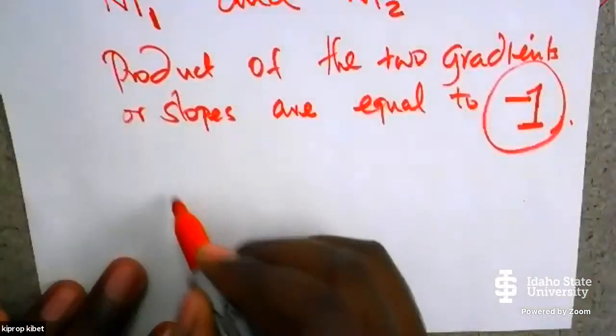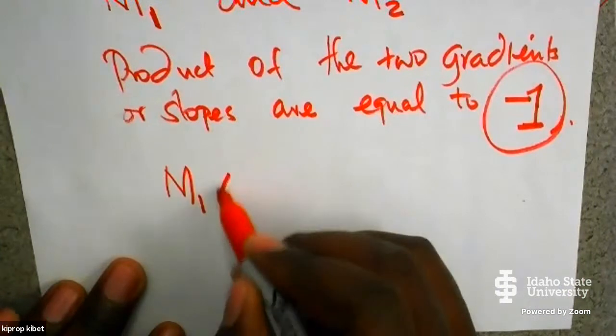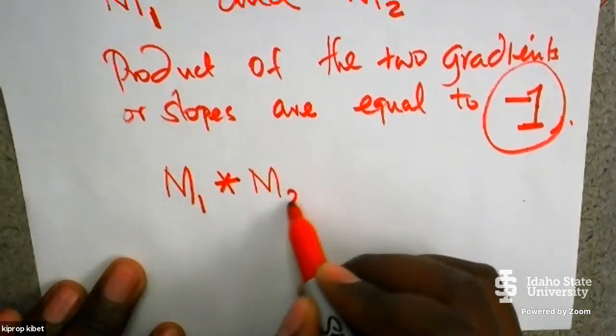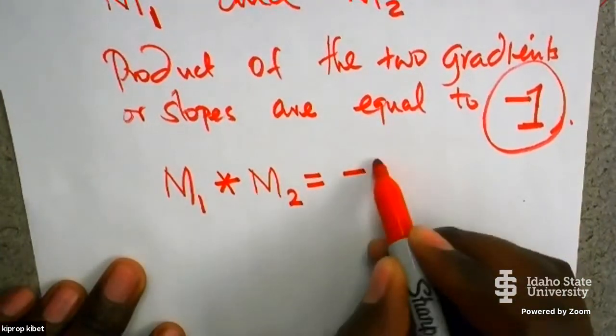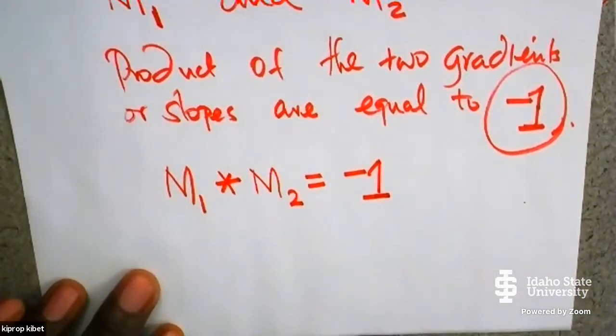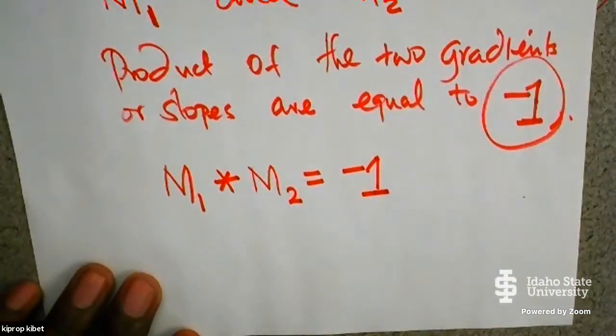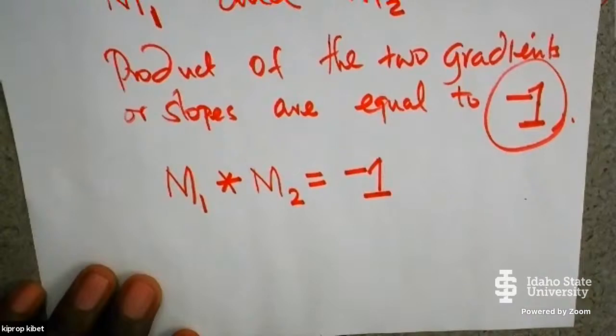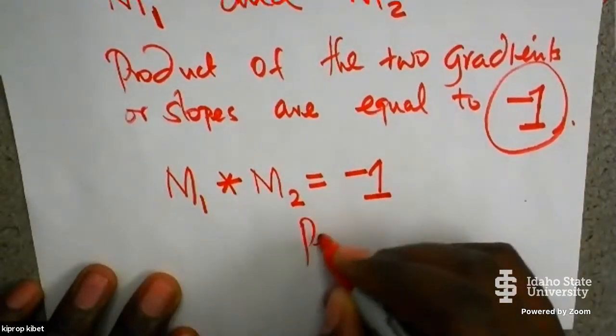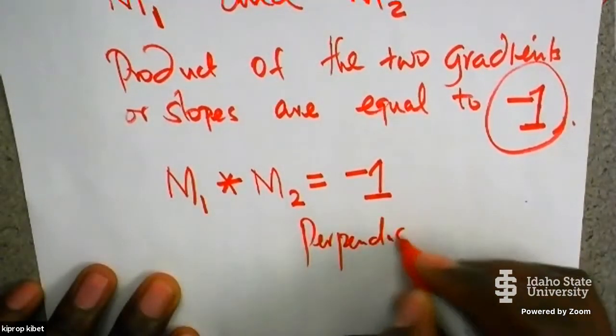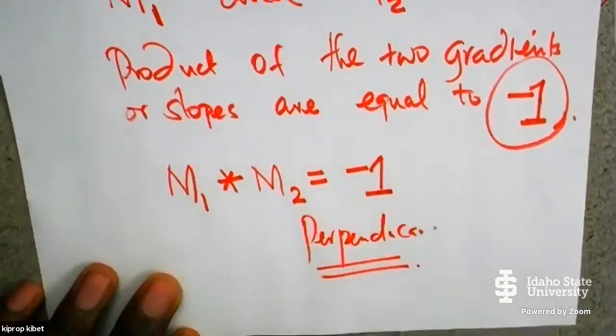So here, M1 multiplied by M2 equals negative 1. If you find the gradient of one equation multiplied by the gradient of the other equation is equal to negative 1, then that one is what? Perpendicular. That is perpendicular.